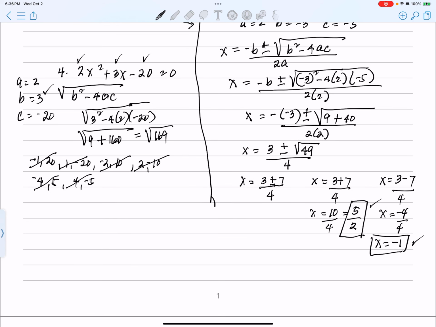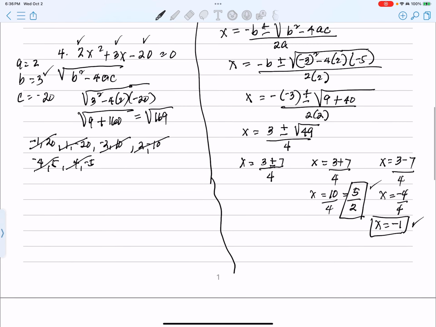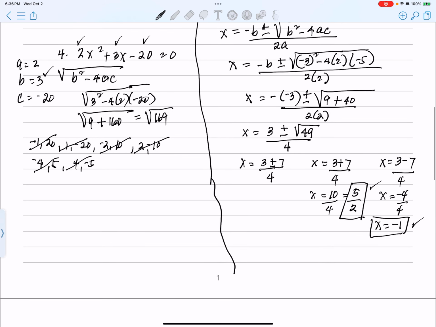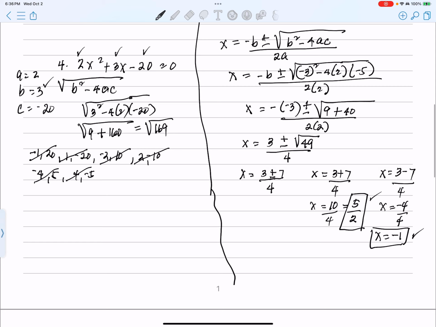So that means we cannot use factoring. We can solve by using the quadratic formula, which is negative b plus and minus the square root of b squared minus 4ac over 2a.